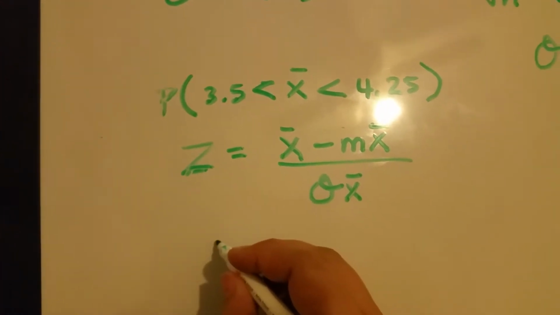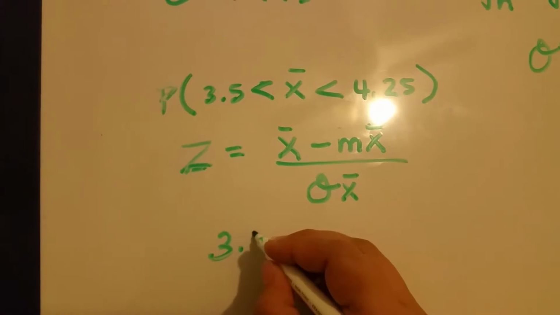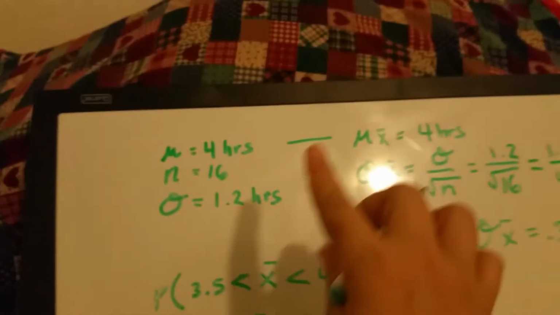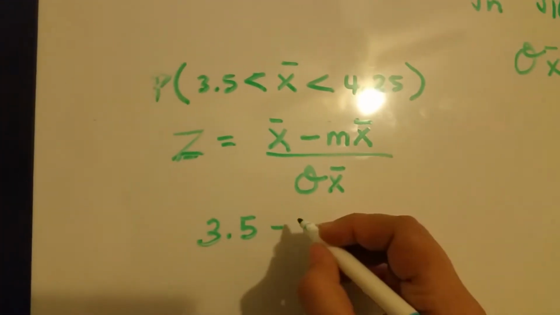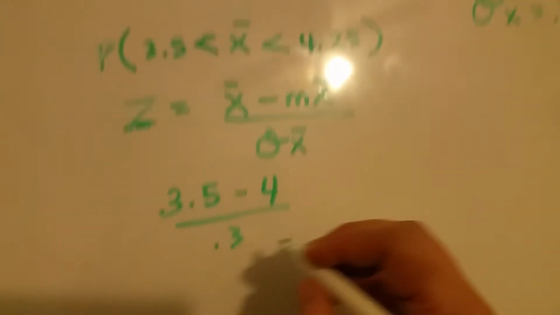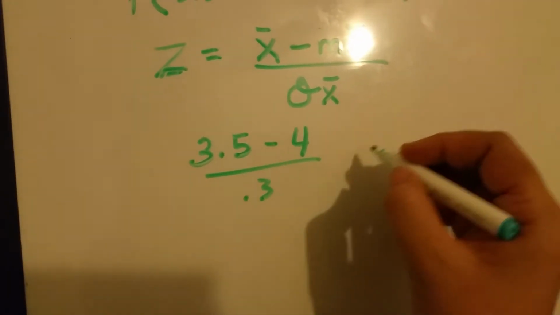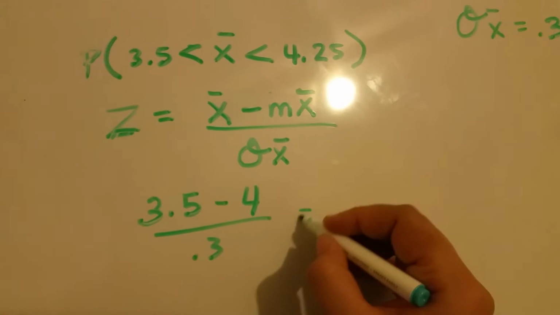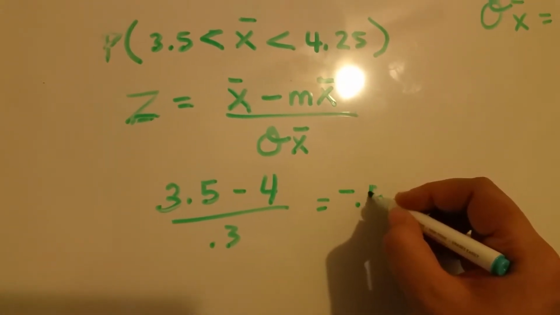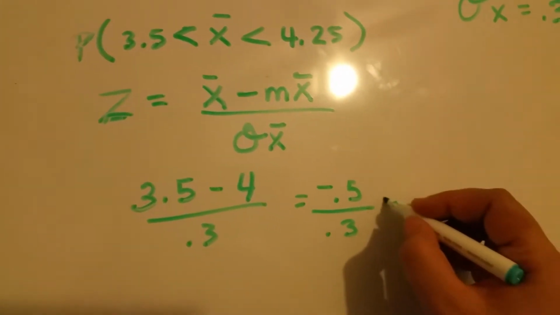Okay, so first we're going to go with the number that we're choosing, which is 3.5, minus the mean of x bar, which we know is 4, over the standard deviation, which we know is 0.3. Okay, let's bring that down. So we've got negative 0.5 over 0.3.